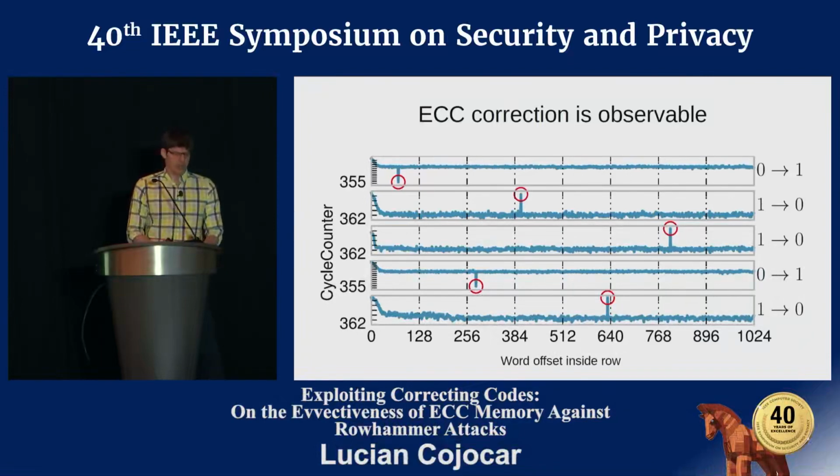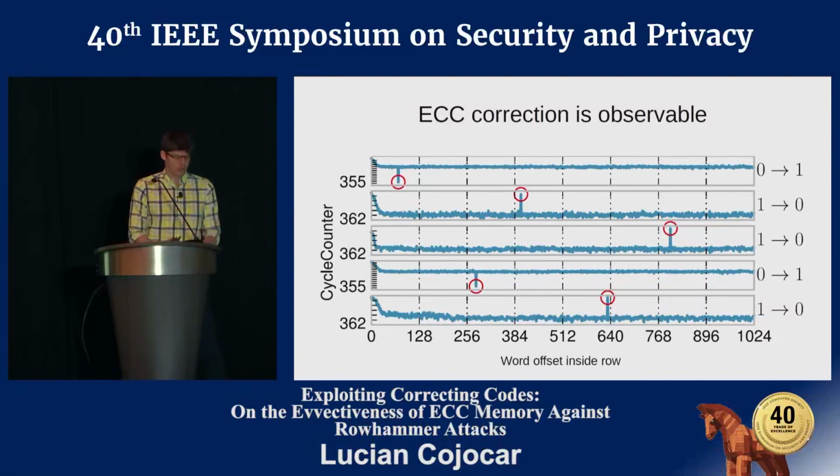You can imagine that when a bit flip is corrected, there's a slow path, an error path in the hardware, that is taken, and this path will have a performance impact on the memory access. For example, here we have 5 instances of bit flips. The y-axis measures the performance, the number of cycles it takes to access the memory, and the x-axis is just an offset inside the row that we test for bit flips.